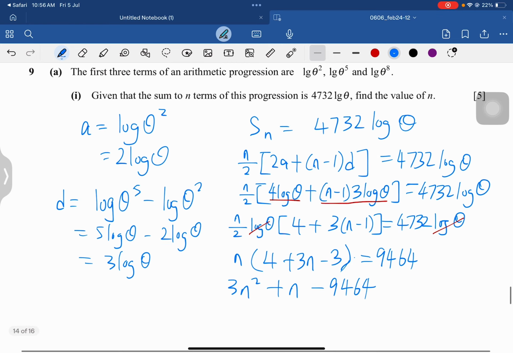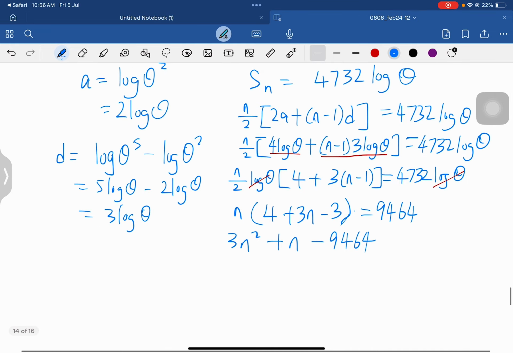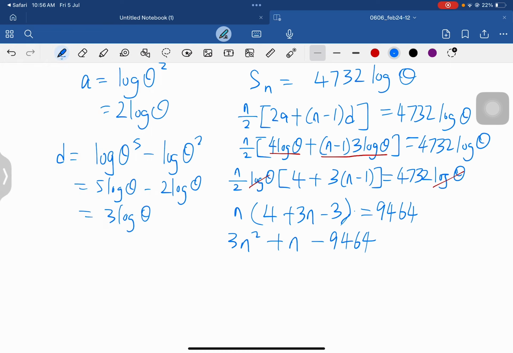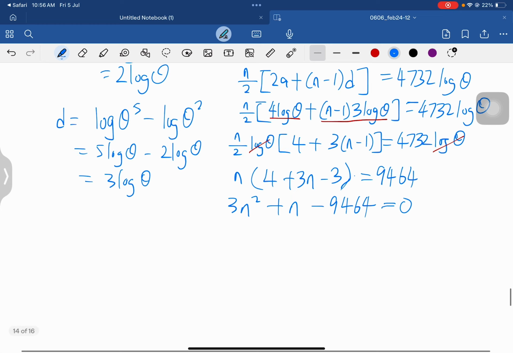Since n is a number of terms, it must be a nice number, but 9464 is a way too big number. Here, are we able to do cross method? Not possible. Let me see. Any use? Okay, cannot. So here we have to do it manually.